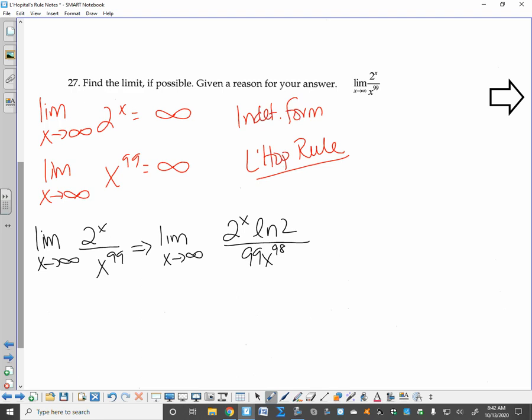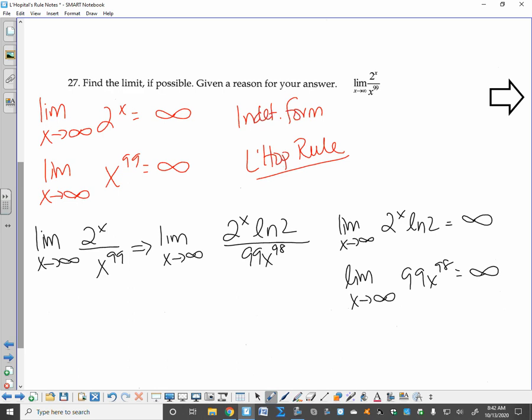And now we have 99 times infinity to the 98th power. That's going to be infinity. So we are still infinity over infinity. So I would say that the limit as x approaches infinity of the top, it's still infinity. And the limit as x approaches infinity of the bottom is still infinity.